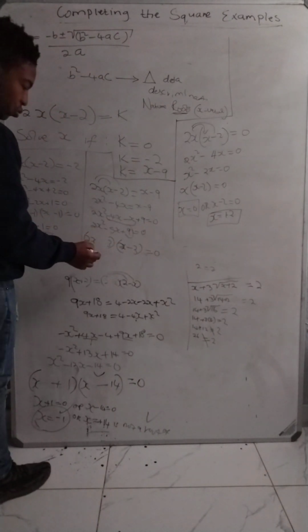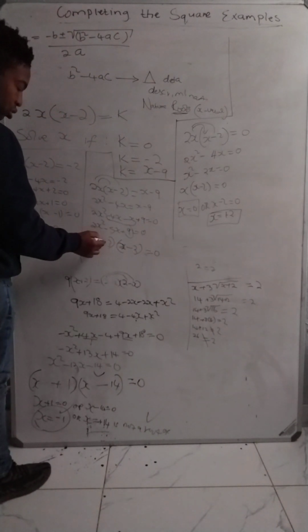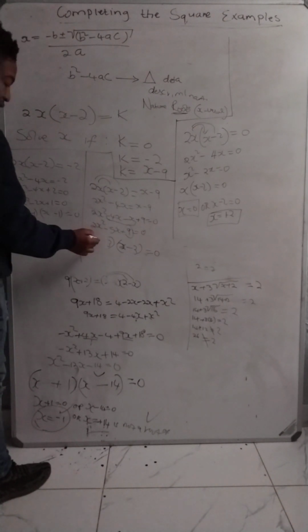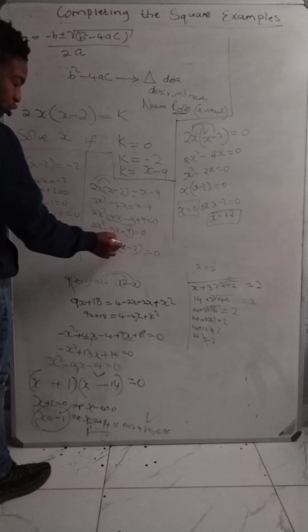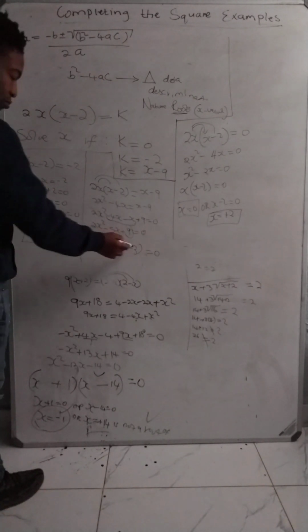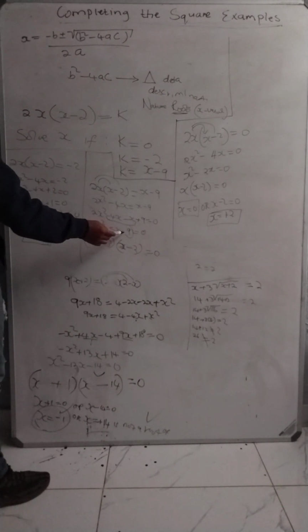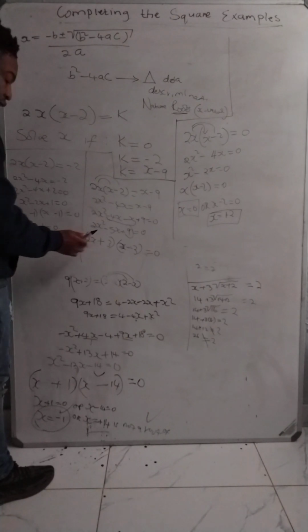So let's look for which sign will be suitable. If we have a plus and a minus, we're going to end up with a minus there, so we can't have that.